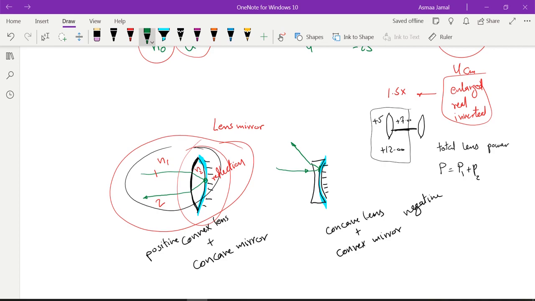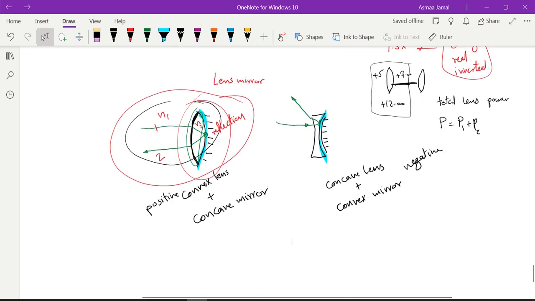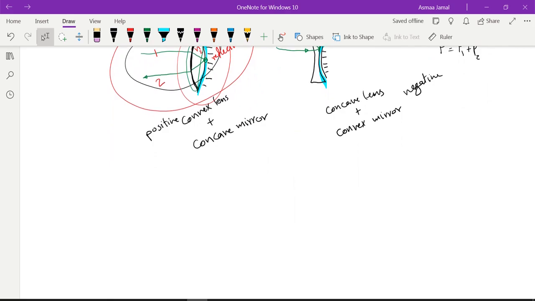In the lens mirror, we will depend only on the front surface, and because we have two refractions, we need to use that front surface 2 times. So 2 multiplied by the power of the front surface. The mirror here also has a power, so we need to count it too.